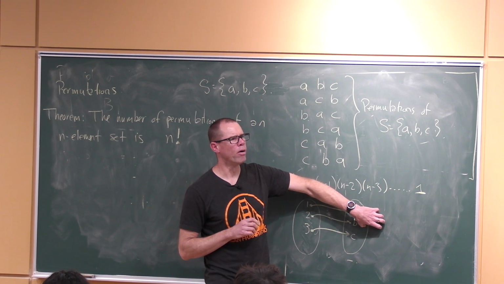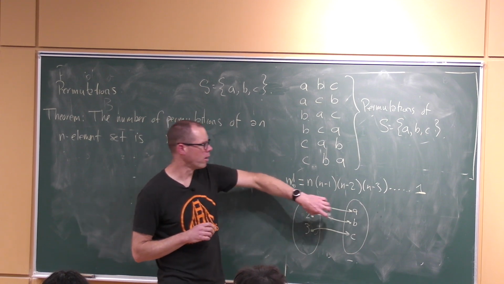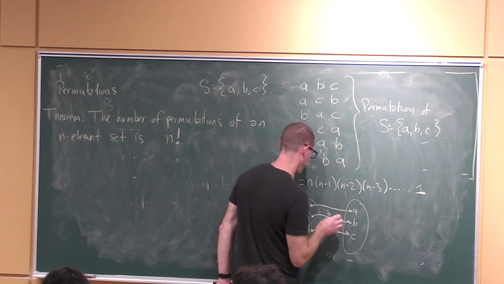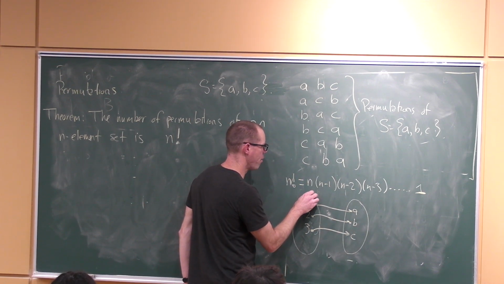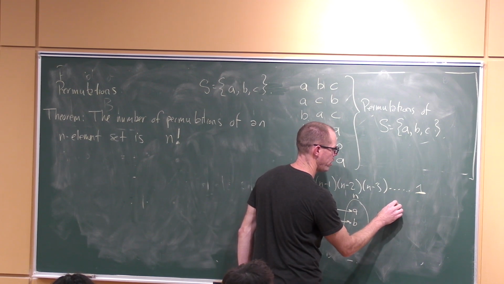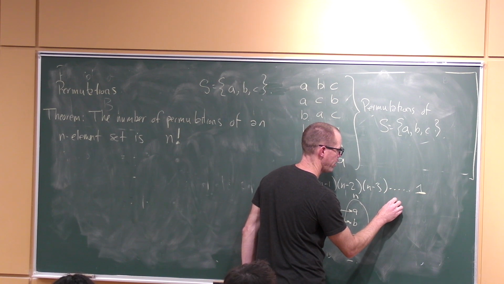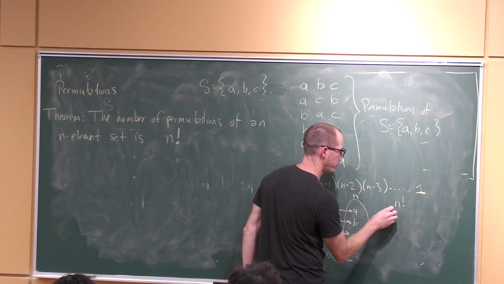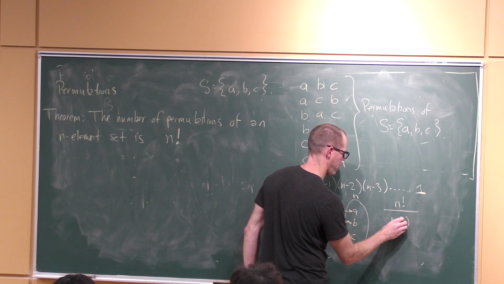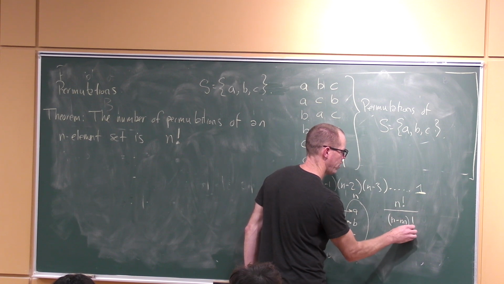And we counted the number of one-to-one functions from one set onto another: if one set had size m and the other had size n, what did we say? It was n factorial divided by n minus m factorial.